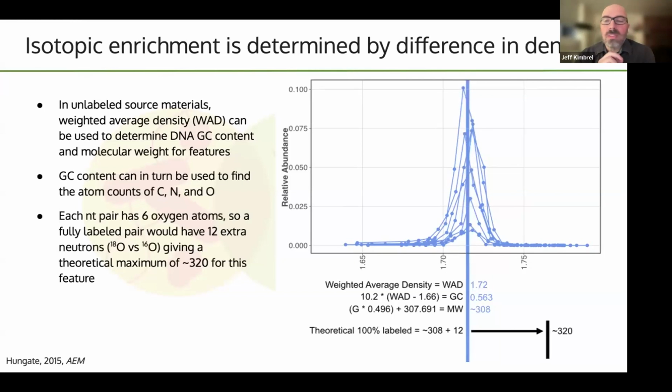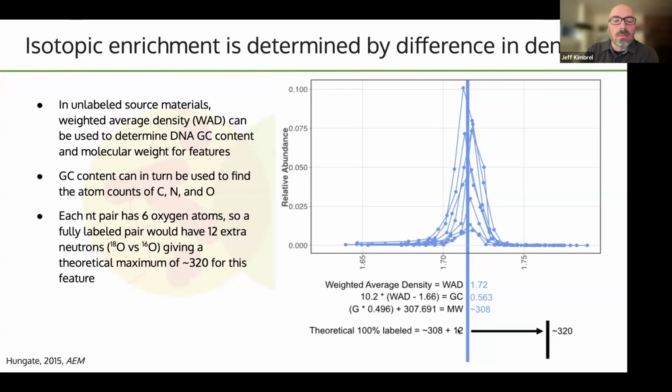So next, since this is an 18O study, all nucleotide pairs, whether they're ATs or GCs, have 6 oxygens per pair. Since we're adding 2 additional neutrons, going from 16O to 18O, we can then assume that a 100% labeled microbe would have a weight of 308 plus 12.